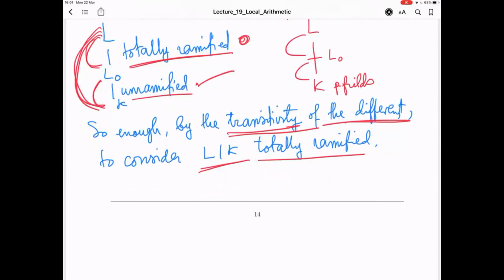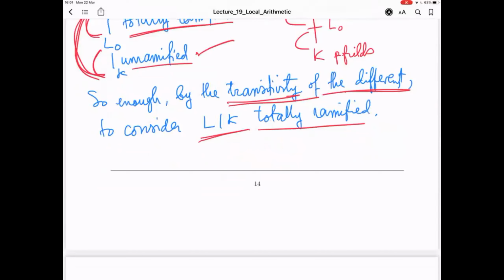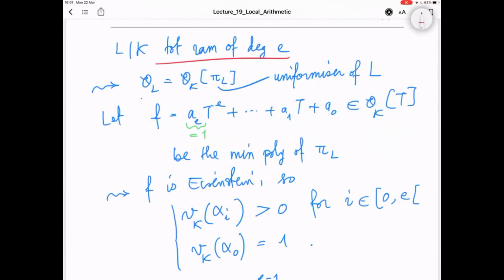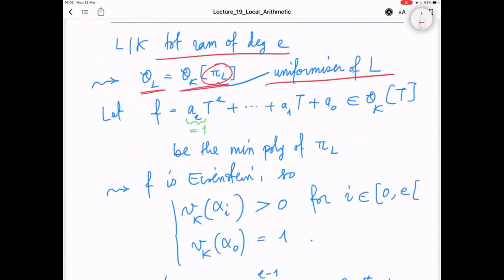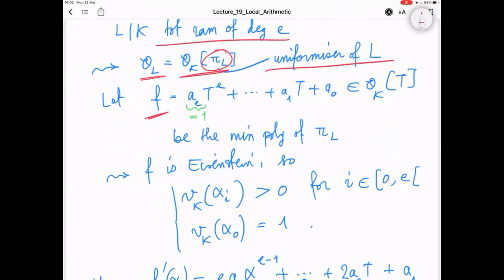Now, one thing we know about totally ramified extensions of some degree e is that the ring of integers O_L is O_K[pi_L] for some uniformizer pi_L of L. In fact, for every uniformizer. And then let's take the minimal polynomial of this pi_L.